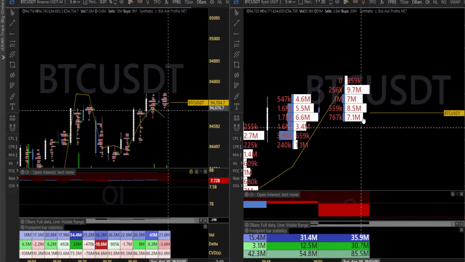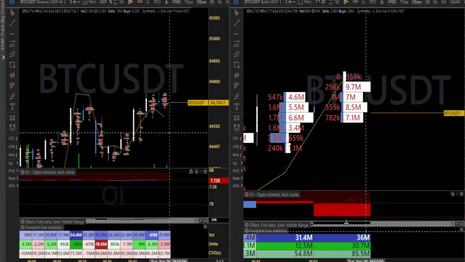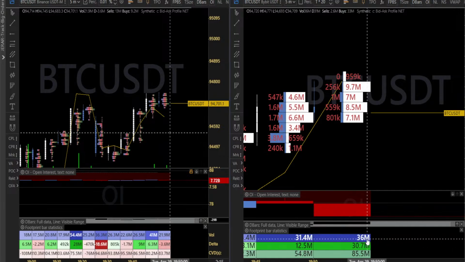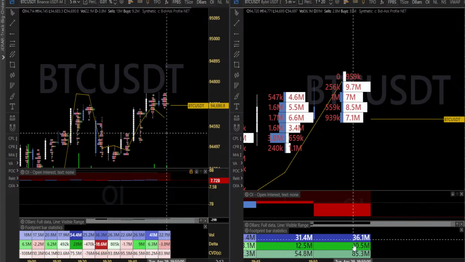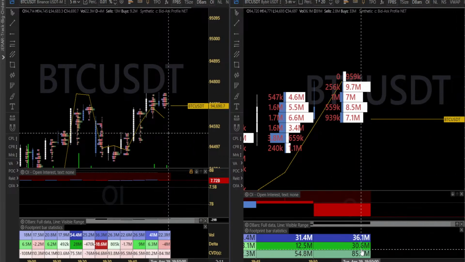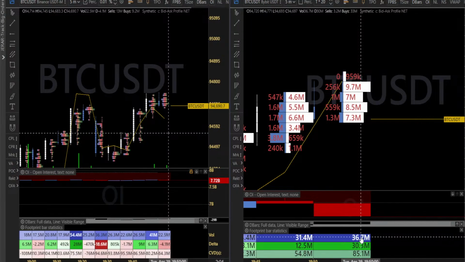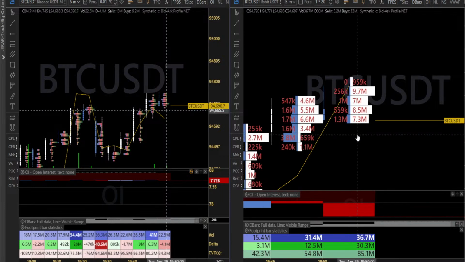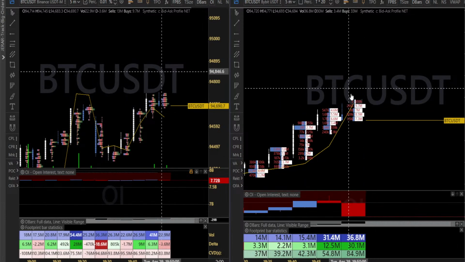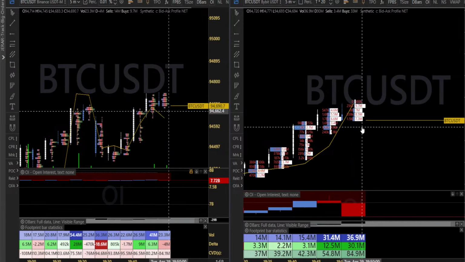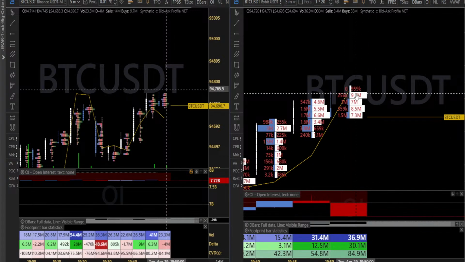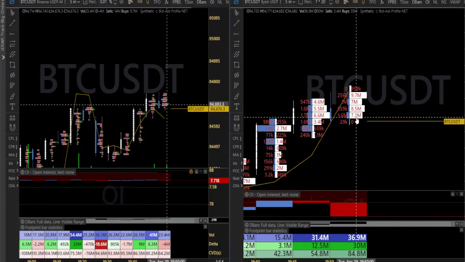But this is decent delta in the context. Like this candle, 36 million volume is almost entirely a short getting stopped out. 30.3 million positive delta in a 36 million volume candle. So you almost have nothing on the aggressive sell side. It's all aggressive buying. 9.7 million, 7 million, 8.5, 7.3 million.